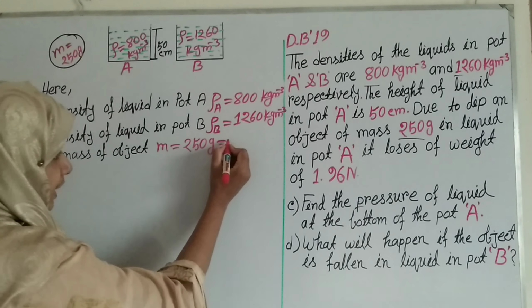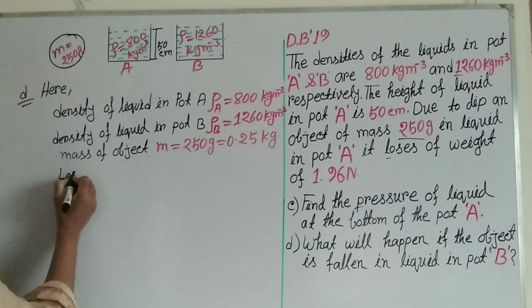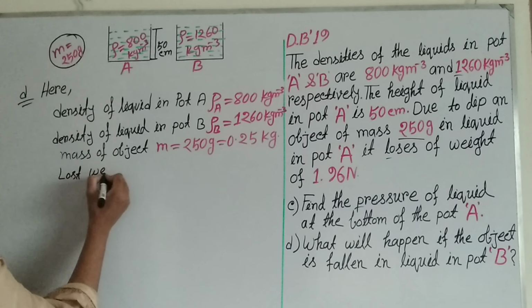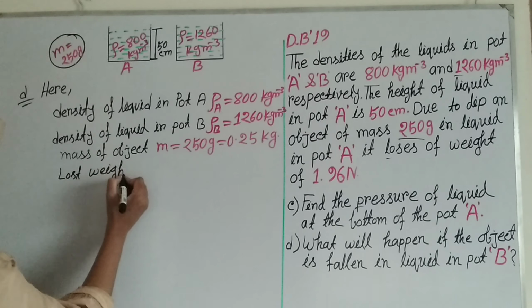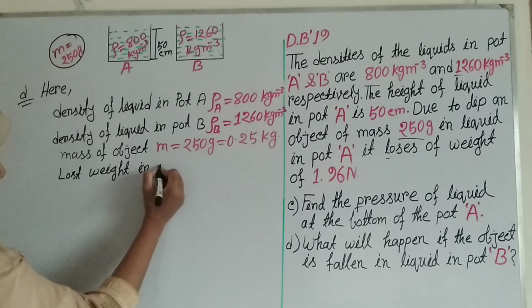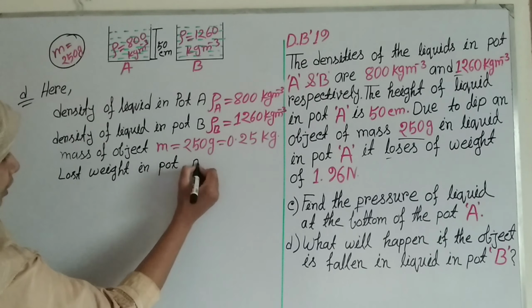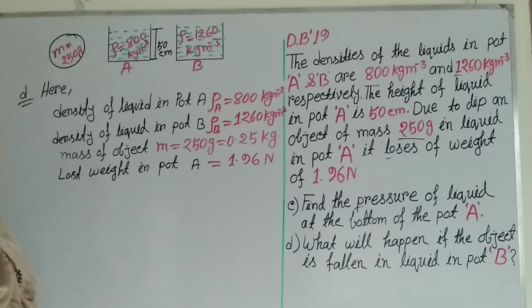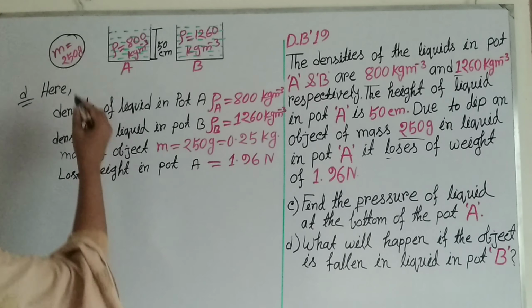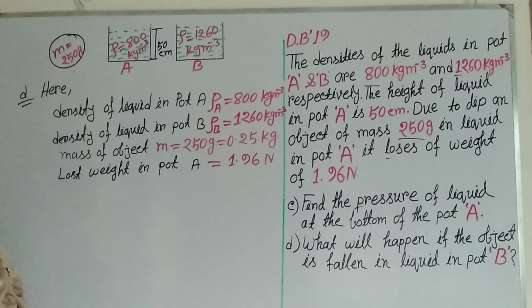The lost weight of the object when it is dipped into pot A, the lost weight in pot A, equals 1.96 Newton, and we have to calculate the weight of the object and the buoyancy in pot B.